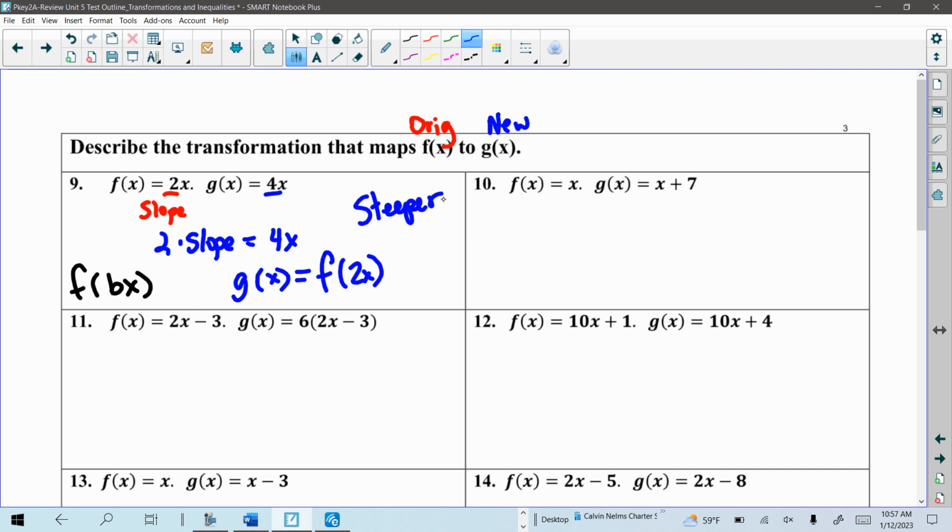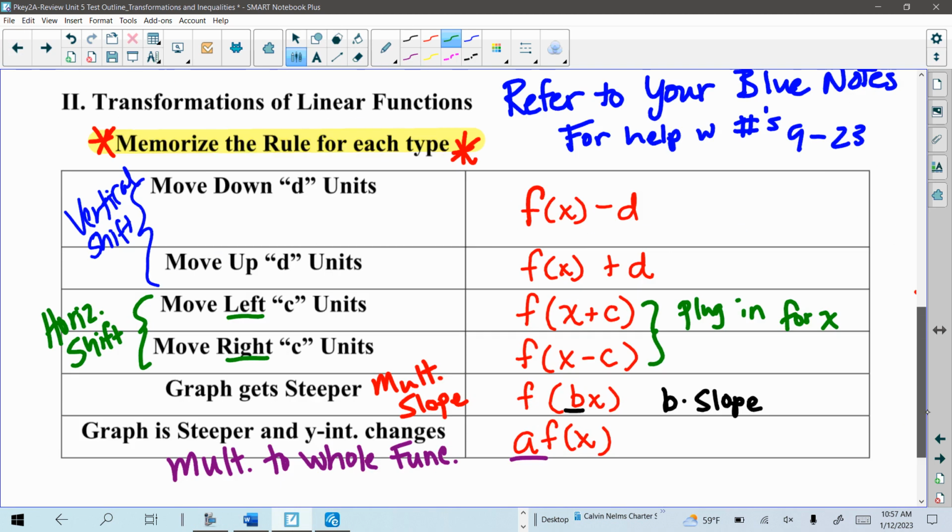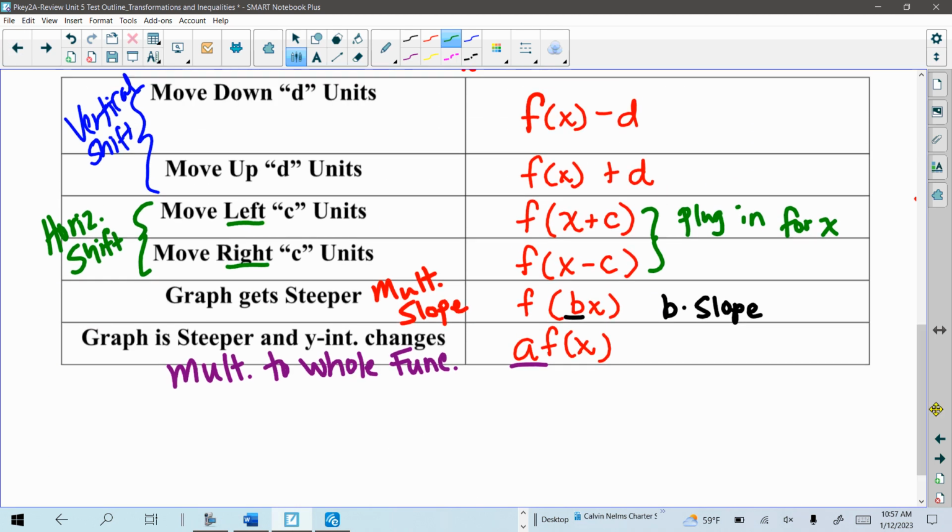How'd you figure out that was b? Because the 2 is what changed, and that's in front of x, and b is when it's in front of x. When I look at all the rules on this page, which rule deals with multiplication?